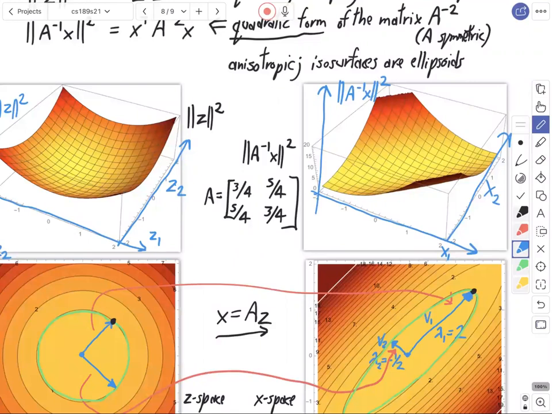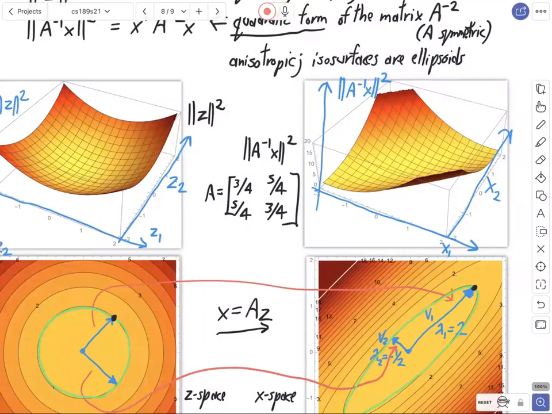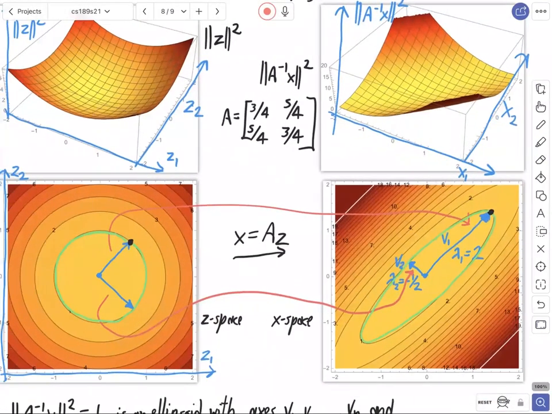But I think of it as taking something and stretching it in certain directions and shrinking it in other directions, which is what we're doing right here. When you take, say, this direction here, and you stretch it to be twice as long, that's part of what affine transformations can do.